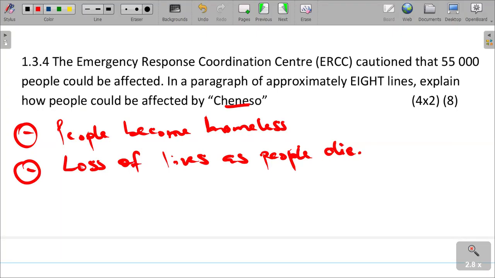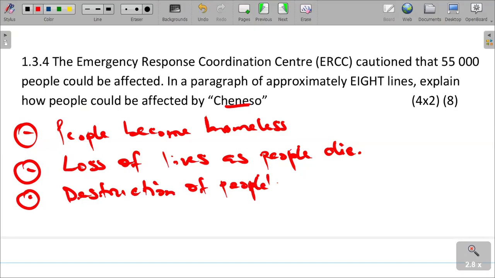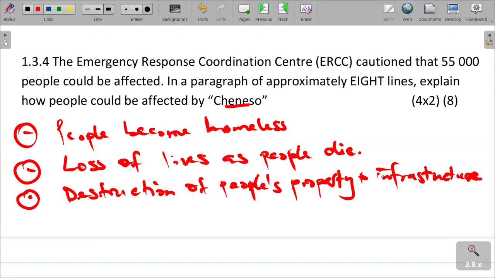We can also talk about destruction of people's property, and infrastructure is also destroyed. That is also the way through which these people are affected.